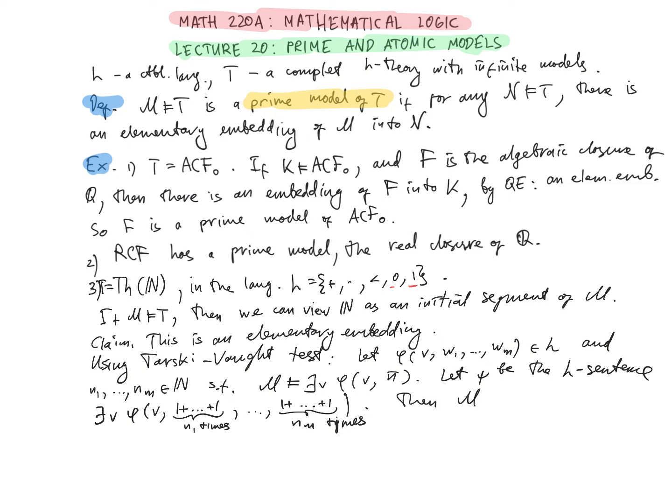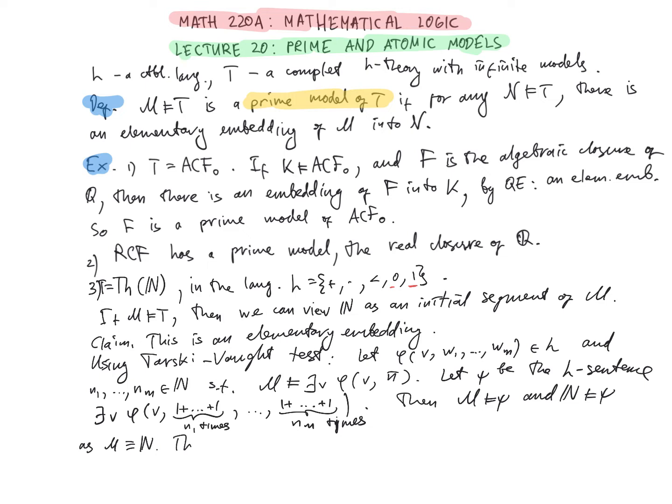Then we have that M satisfies psi and also that the actual natural numbers satisfy psi, because M is elementarily equivalent to N in our language L, because remember M is a model of true arithmetic, the complete theory of the natural numbers.